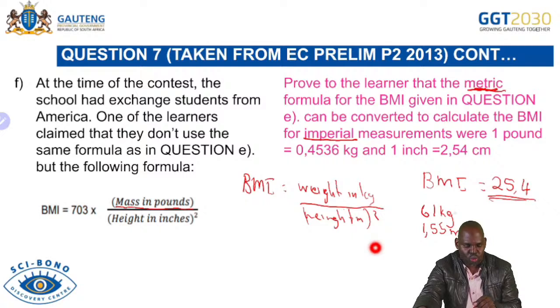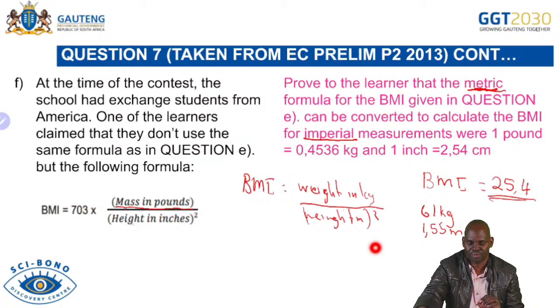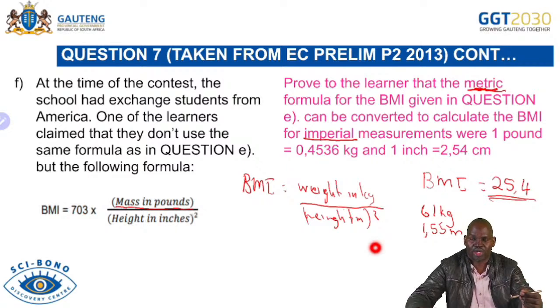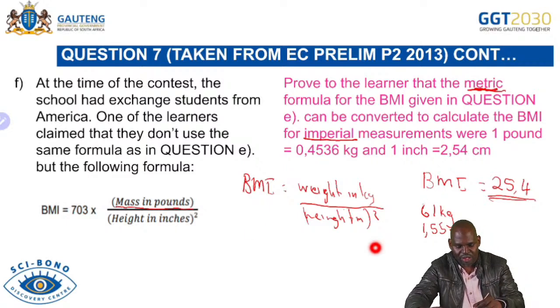But in order for this to work, when we substitute there, the mass must be in pounds and the height must be in inches. Let us look at the conversion factor. We need to convert this.